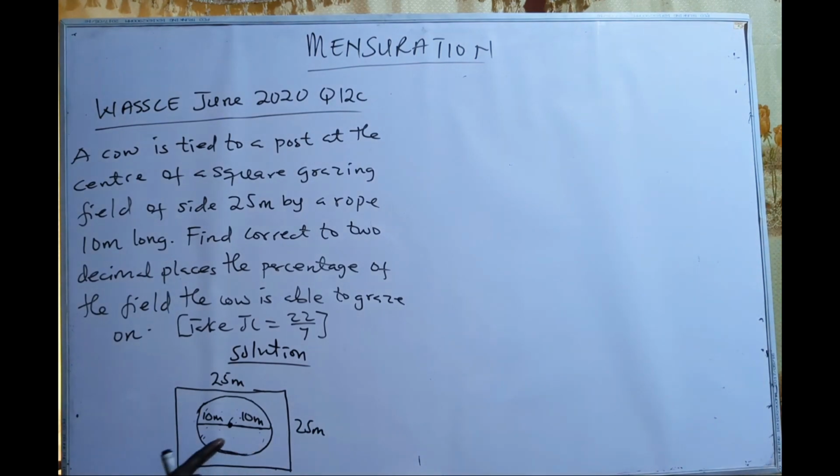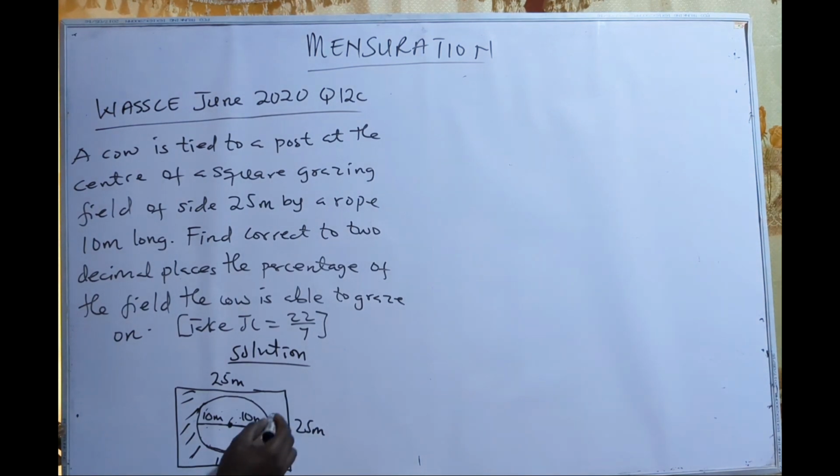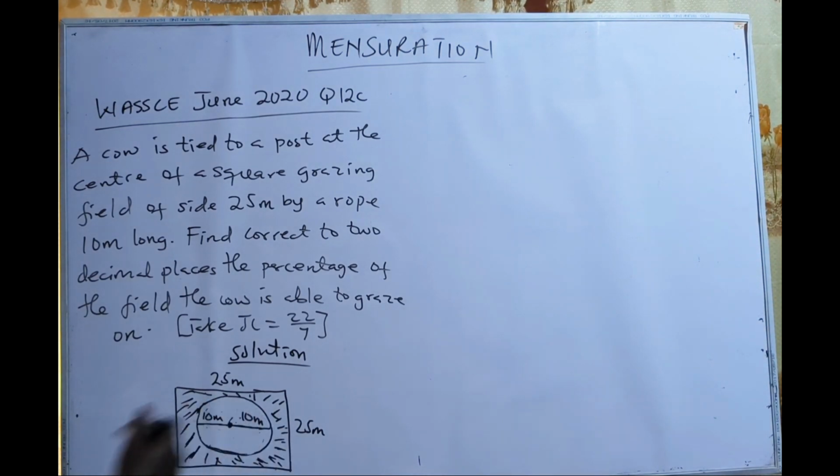Let's say the cow has grazed, if it is grass, all the grass here. The cow is not able to graze this particular side, the unshaded portion. So the cow will be able to graze the space covered by the circle.